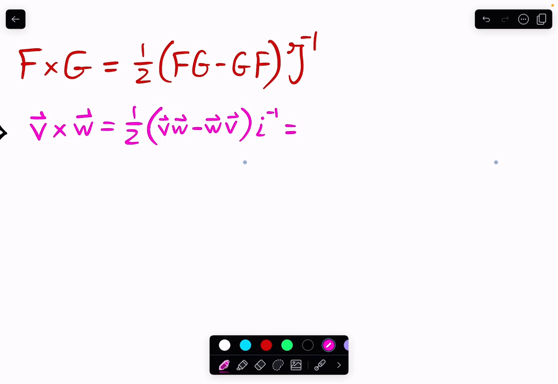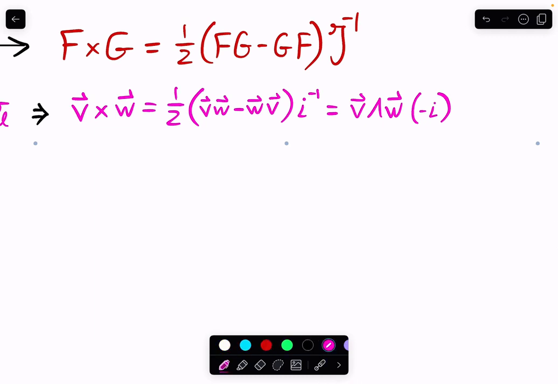And that means that this is v wedge w. And then the inverse of I is negative I. So we end up with this result right here.